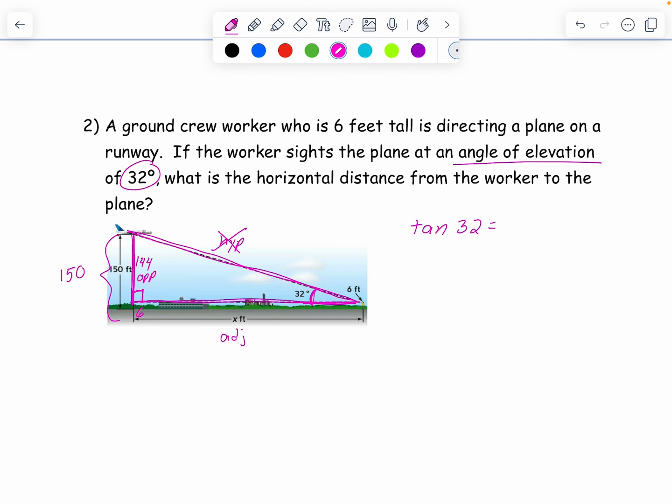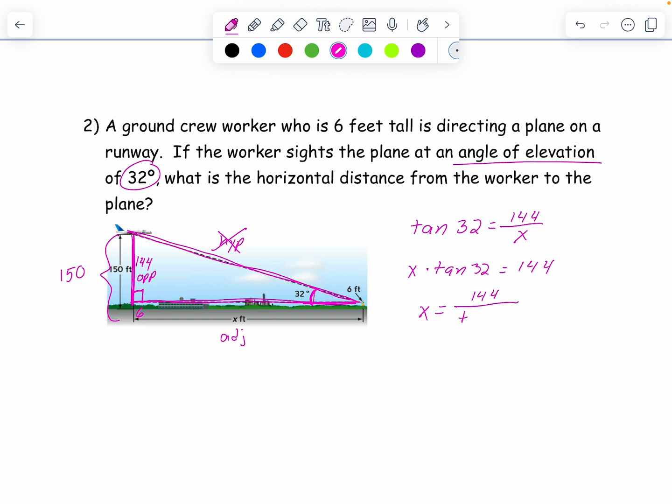Now we're doing tangent of 32, and that is going to equal our opposite, which remember, we want the height of the triangle, not the height of the plane, so that is 144 over adjacent, which is x. So we're going to solve this one the same way we did the last one. We're going to multiply by x, so that's going to give us x times tangent 32 equals 144, and then we're going to divide by tangent 32.